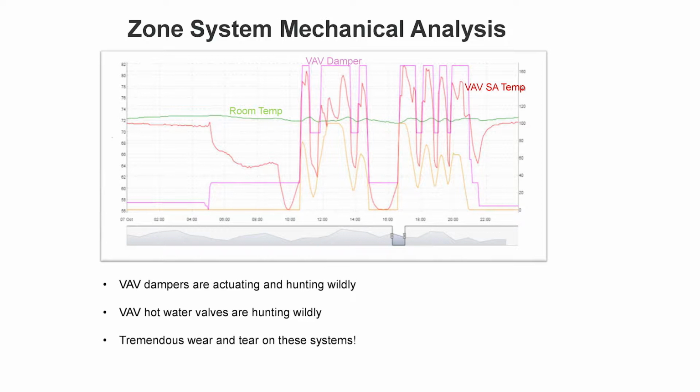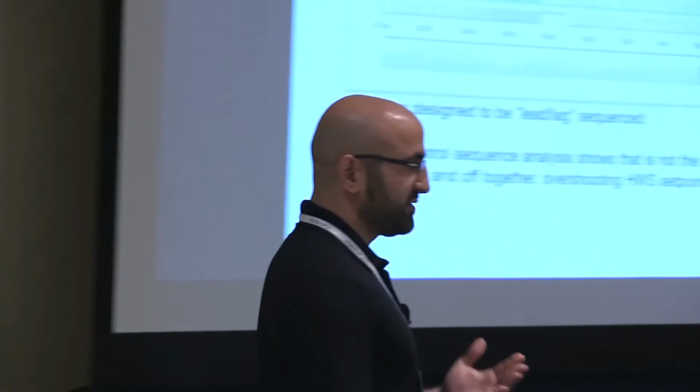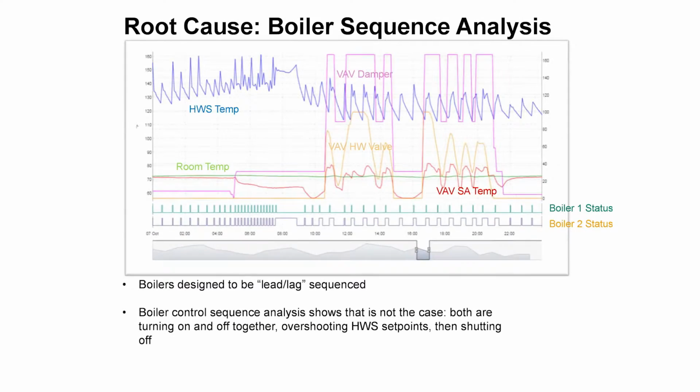So if you track this, go from downstream all the way to the upstream portion of the system, in this example, the problem was the boilers were actually supposed to be lead lag, but they were stopping and starting together. They were overshooting the supply water set point, and that's what was causing that downstream problem.